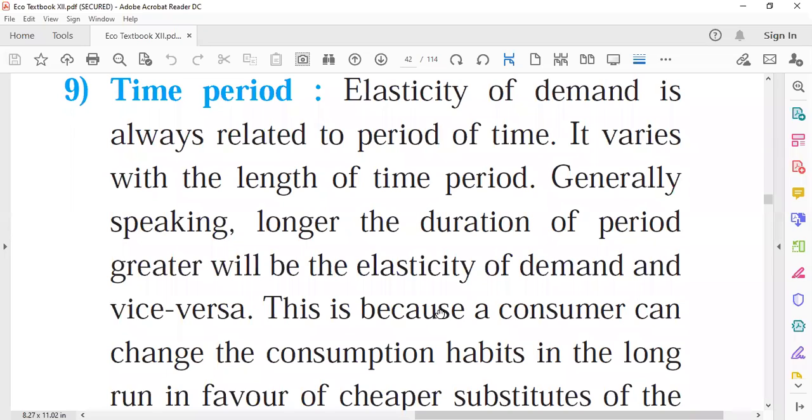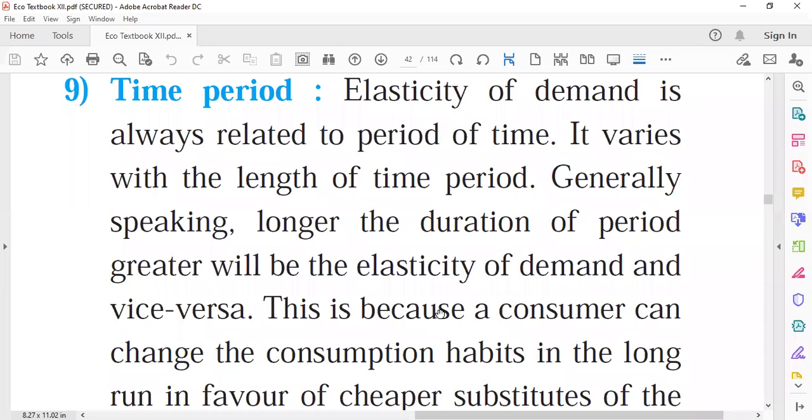Further, it depends upon the time period. Now, how does the elasticity depend upon the time period? The longer the time period, the greater will be the elasticity of demand. Longer time period means what? Long time period means 4, 5 years, more than 5 years.